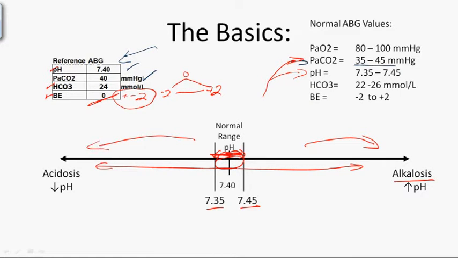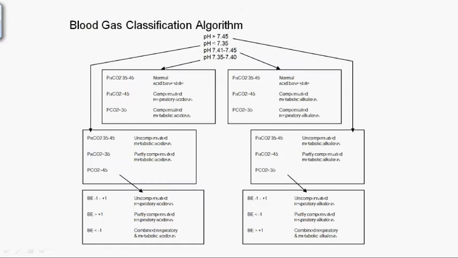On the left side, we're going to plot anything that's going to make us acidotic. Traditionally, with blood gas interpretation, we've used algorithm methods like this, where you find out the pH from an actual blood gas and you just follow it down here, you go to the correct CO2, and then you follow it down and it gives you an uncompensated respiratory acidosis, or one of these conditions down here.